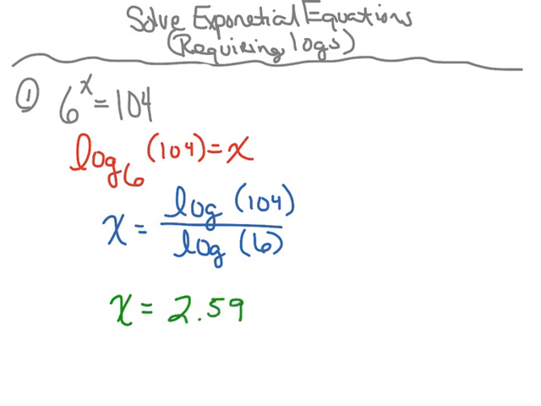Again, I am rounding these decimals 2 decimal places. Alright, so we do end up with a solution of 2.59 for this equation. In other words, 6 to the 2.59 power is equal to 104. Now keep in mind I did round this, so it's not going to be exactly 104, but it is pretty close, and that's because of the rounding.